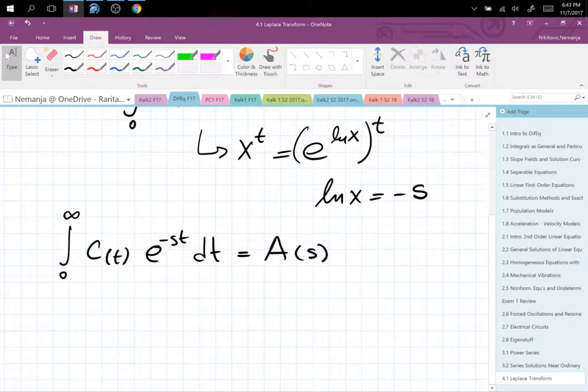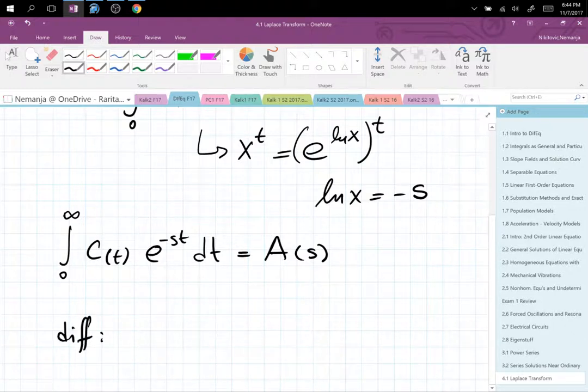You haven't dealt with this type of a creature. This is called a transformation. Observe that on the left, you are feeding a function of t, and on the right, you are getting a different function in a different variable.